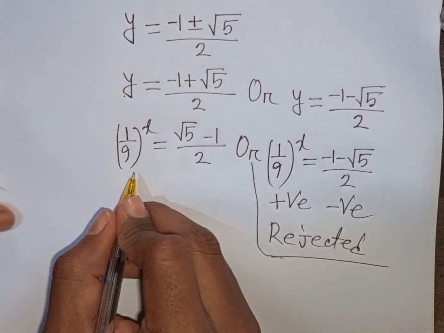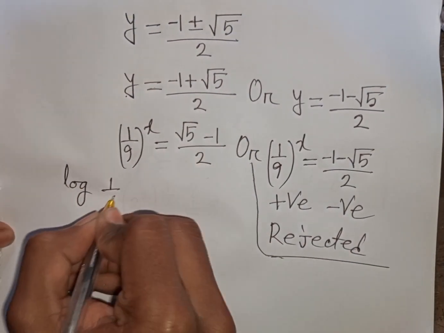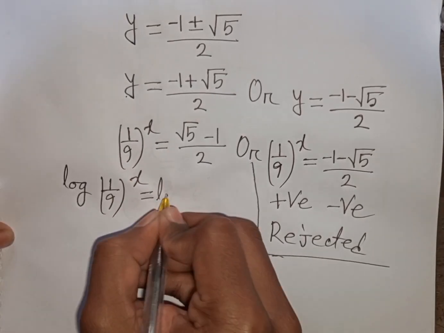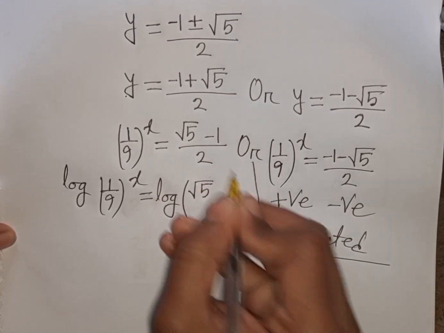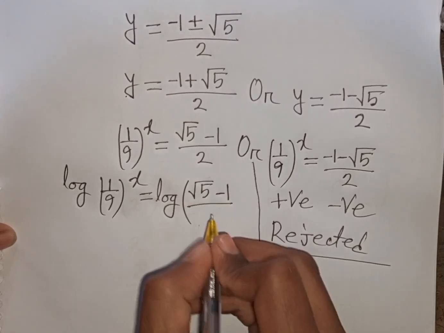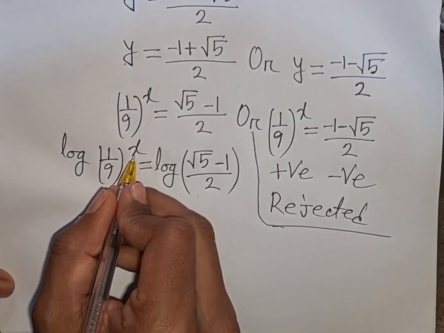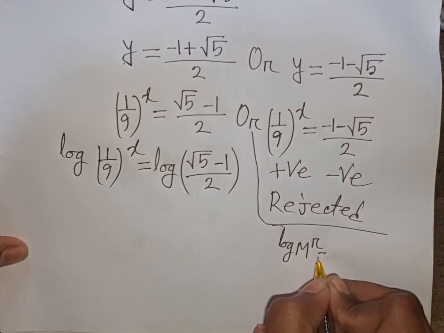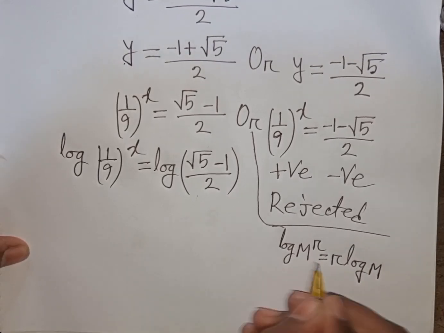Now from here we take log on both sides, so you can write log of (1/9)^x is equal to log of (square root of 5 minus 1) divided by 2. Now this power x will move to the base, according to the rule log m power r is equal to r log m.